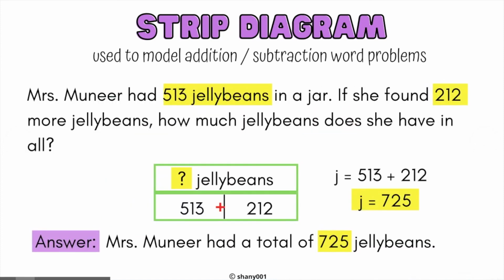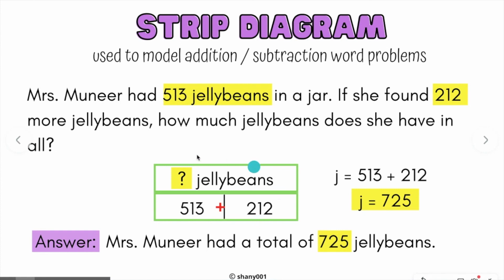Let's go ahead and do an example. Mrs. Munir had 513 jelly beans in a jar. If she found 212 more jelly beans, how many jelly beans does she have in all? So she started off with 513. She found 212.